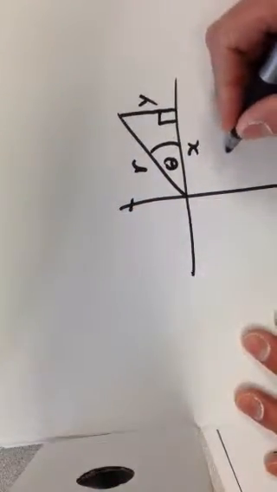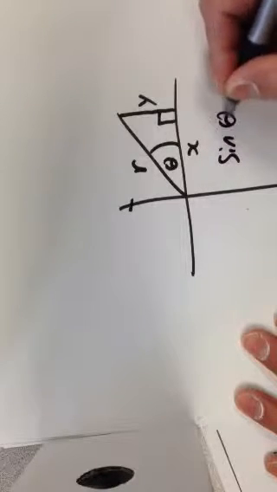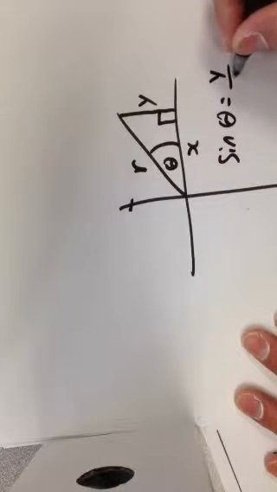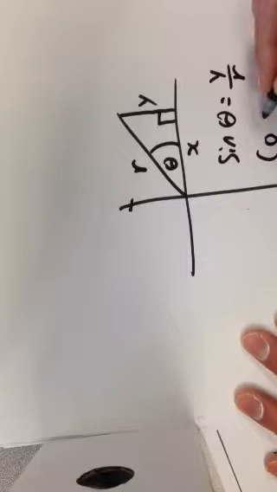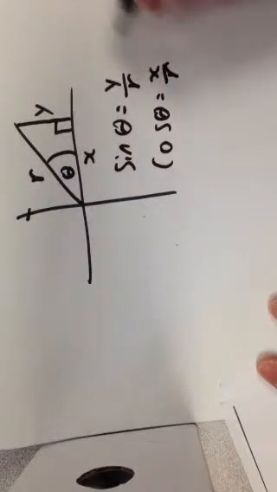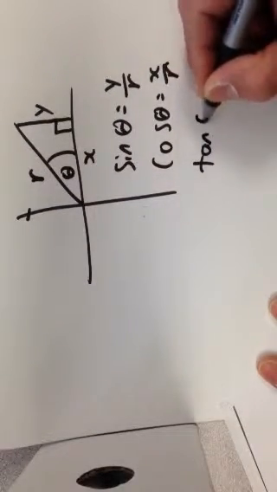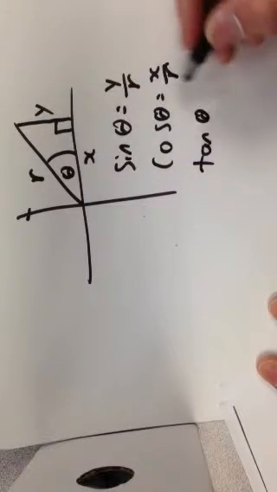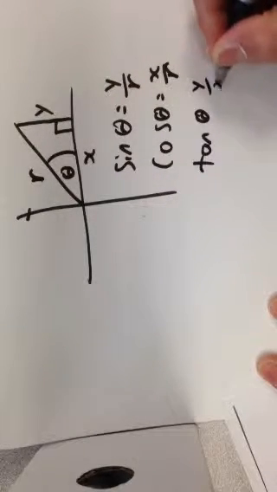That makes sine y over r, cosine x over r, and tan, which was opposite over adjacent, is now y over x.